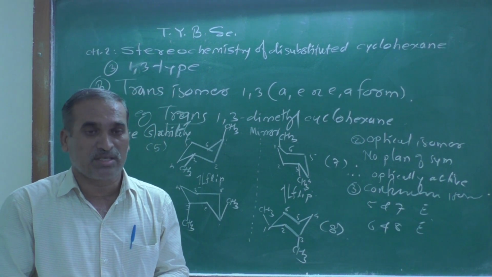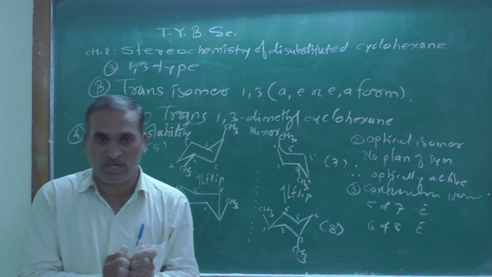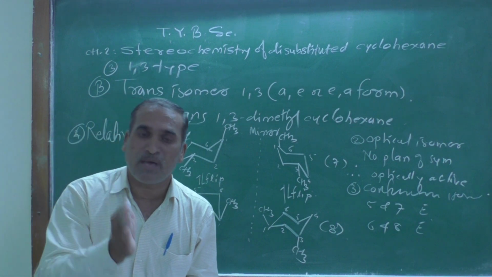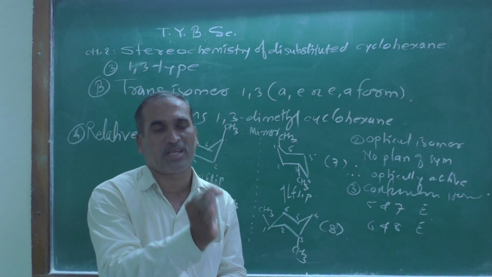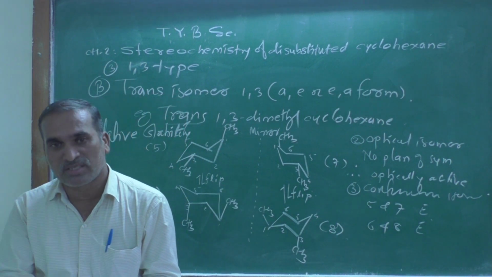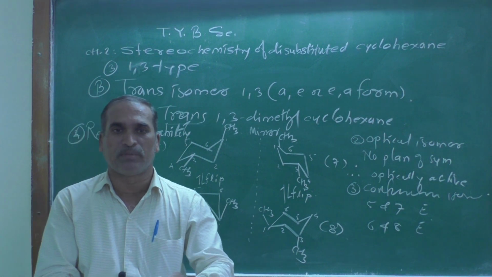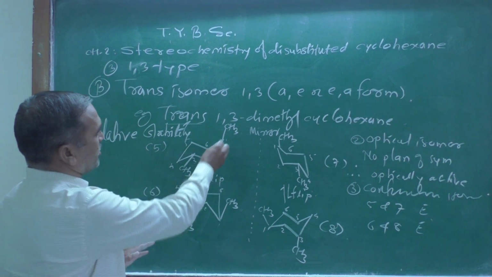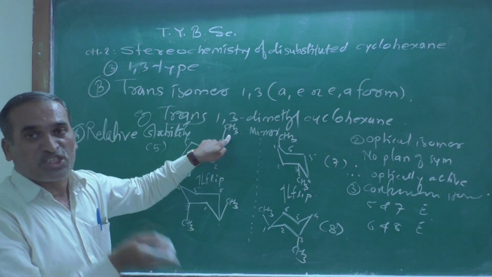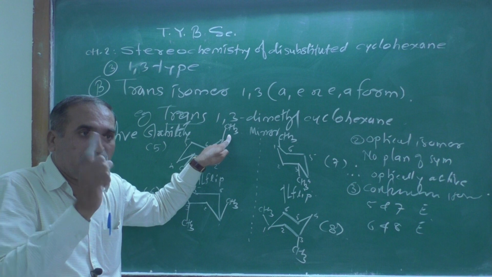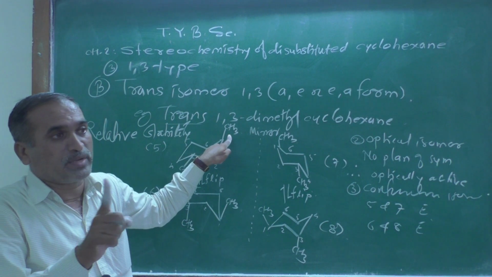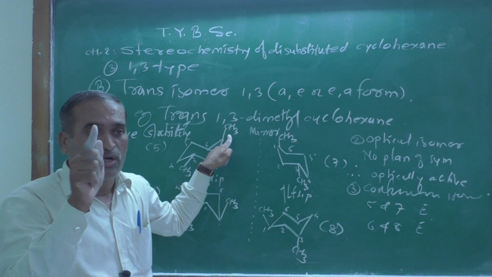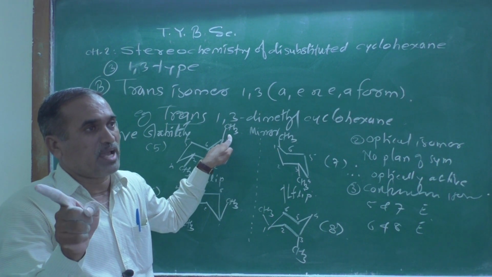That is the energy, and we know the general statement: if the internal energy goes on increasing, the stability of that conformation or structure goes on decreasing. This is applicable to all organic molecules. Look here, the one methyl group is present at axial position, and if the substituents are present at equatorial position, there is no question of finding the 1,3 diaxial interaction.